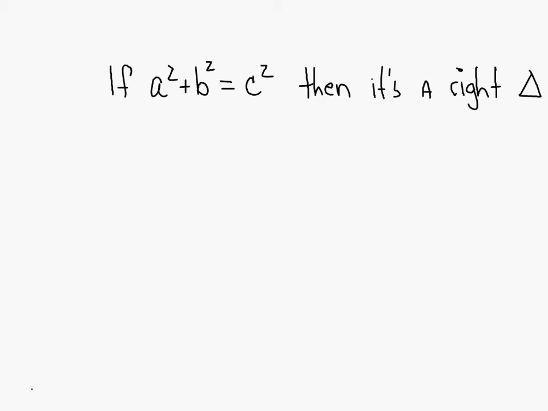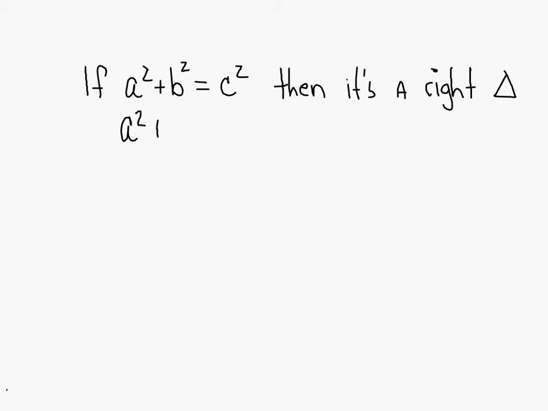So you're going to get asked questions today of, given three side lengths, is the triangle a right triangle? So take the two shorter sides, square them, add them together, and see if they equal the longest side squared. If they do, it's a right triangle. If A squared plus B squared is greater than C squared, then you've got an acute triangle.